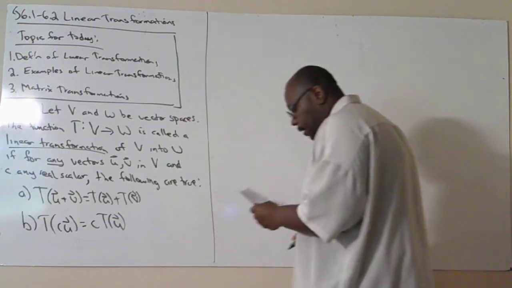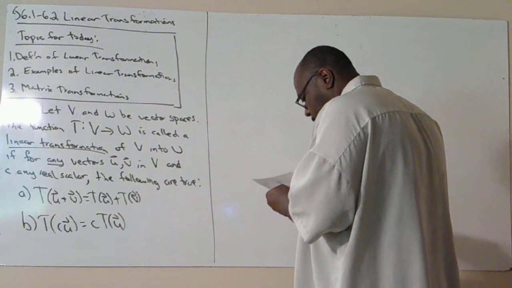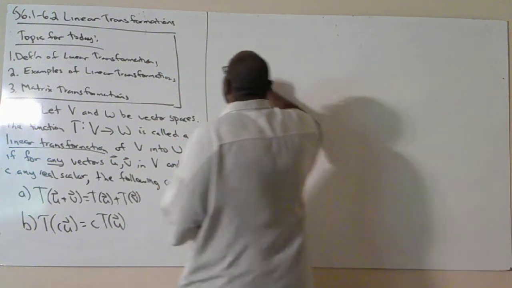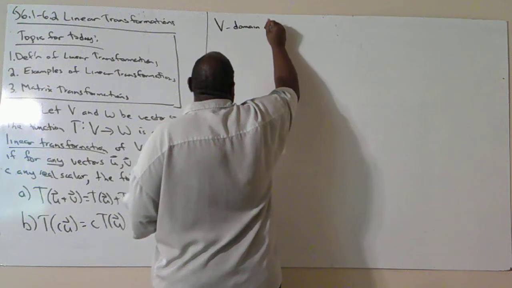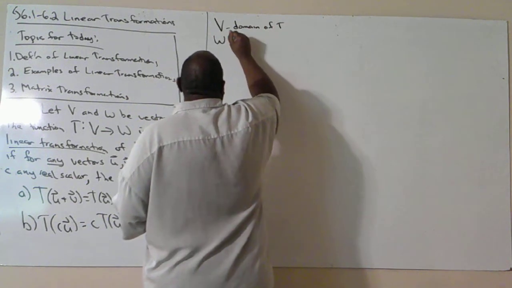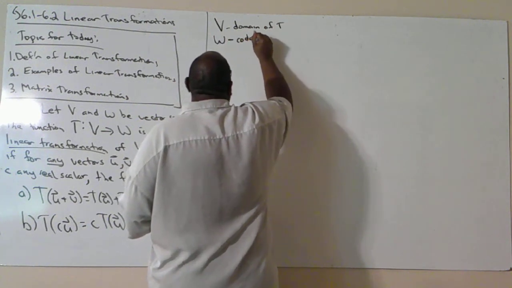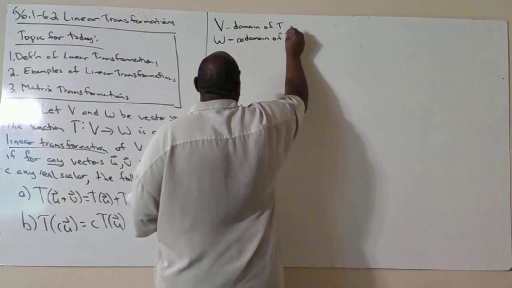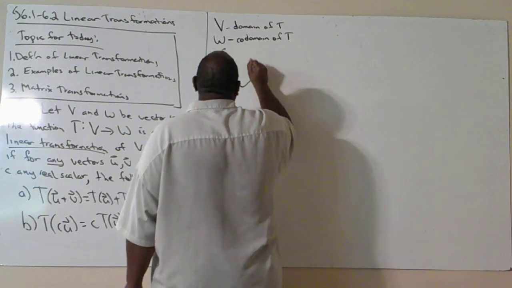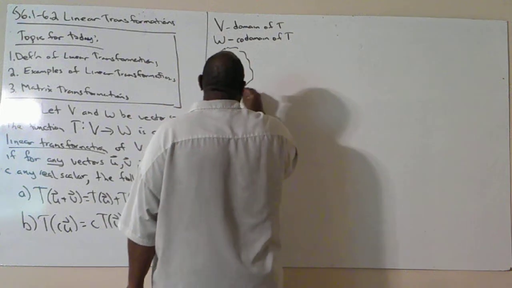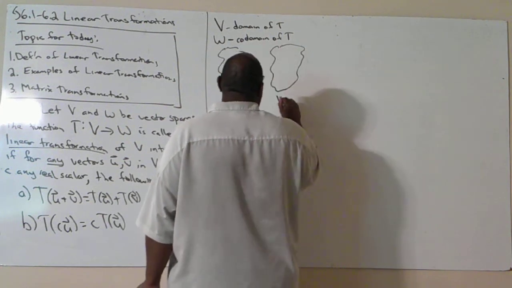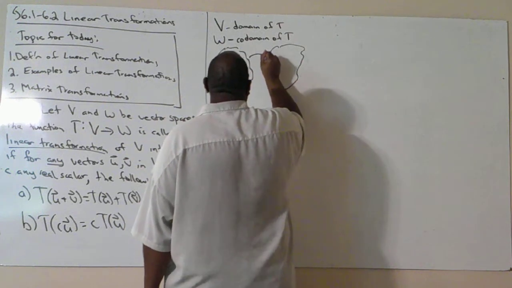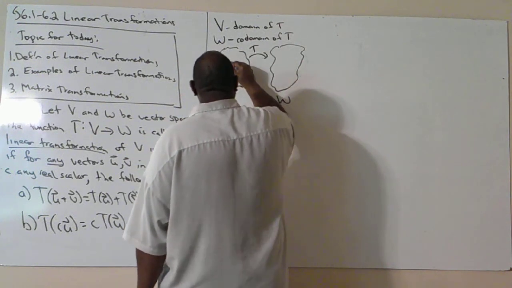Now I have on here that V is called the domain of T, and W is called the codomain of T. You probably have seen something like this before. Here, this is V, this is W, and I have a function T. I have U and V here.